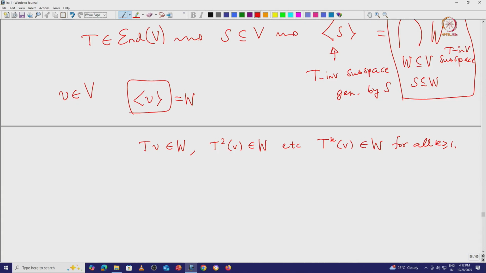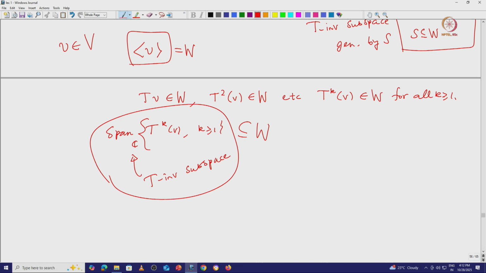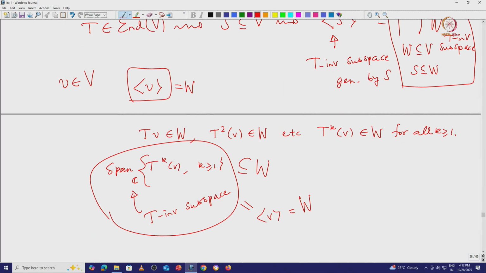So, the span of all these vectors is inside W. It is easy to verify that this span is indeed a T invariant subspace. That tells you this is the smallest T invariant subspace containing v, so it is exactly equal to the T invariant subspace generated by v, that is, the intersection of all possible T invariant subspaces containing v.